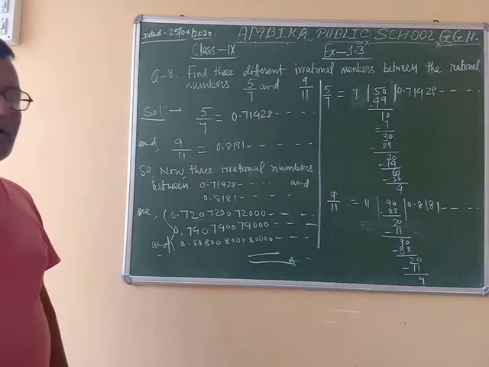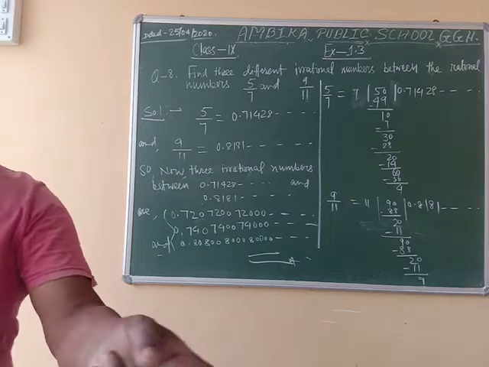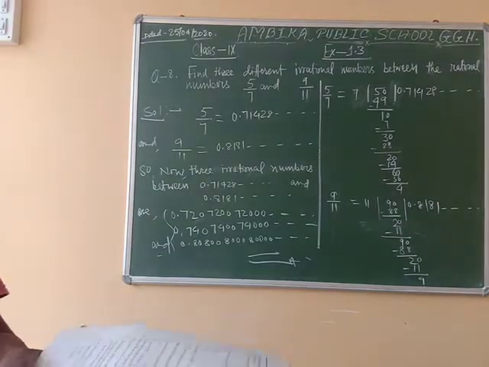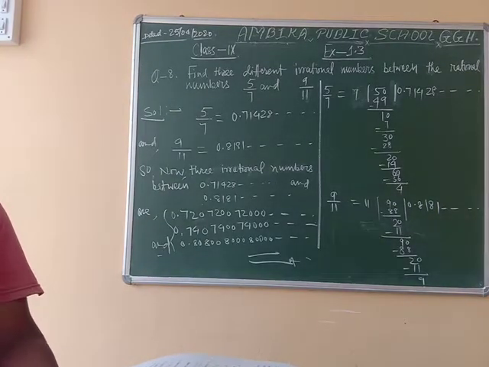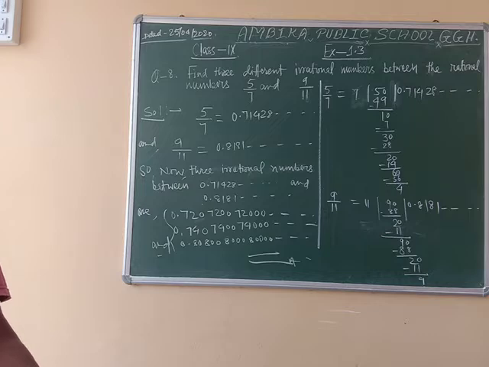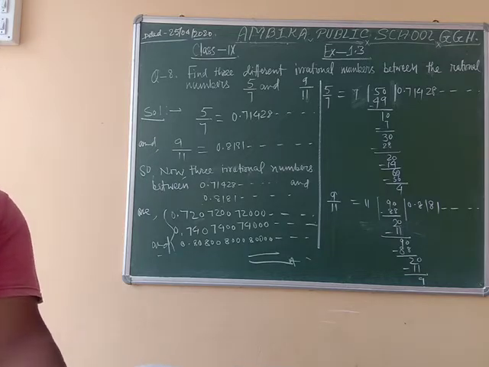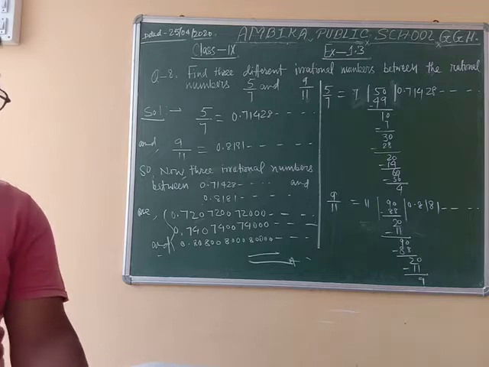Now I am going to solve question number 9. In question number 9, we have to classify the following numbers as rational and irrational.